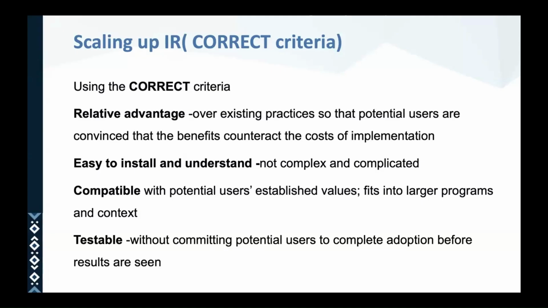It should be compatible with potential users' established values, that it fits into larger programs and contexts. And lastly, it should be testable without permitting potential users to complete adoption before results are seen. So they should be able to test your research and see that, okay, what we are putting ourselves into, what we are doing is actually going to benefit us.